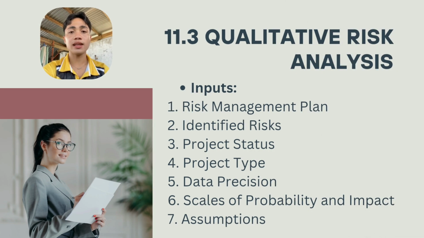Before we can analyze anything, we need the right information. So these are inputs. So there are 7 inputs. So the first one is risk management plan. Mao ni atong guidebook for risk rules, budget, and the scoring scales. Next is identified risk. The specific list of risks and triggers found during the identification phase.